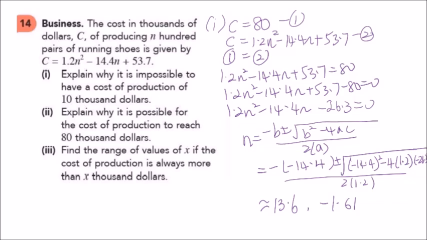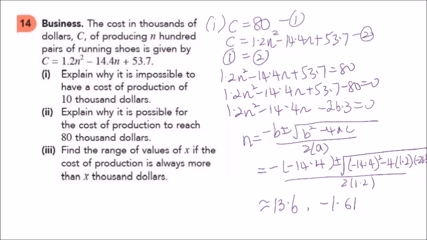When we solve this curve and this line, they intersect at 2 points. So therefore, it is possible. The value for n is positive. n represents the number of running shoes. So it's possible because we do have a positive value for n.